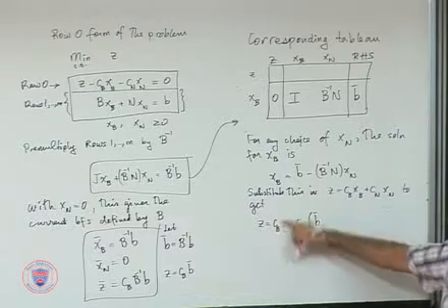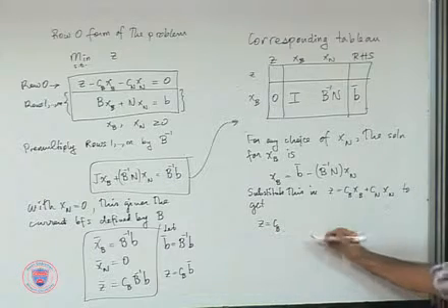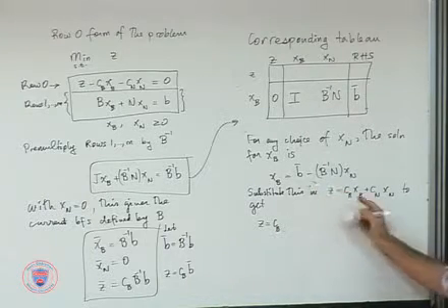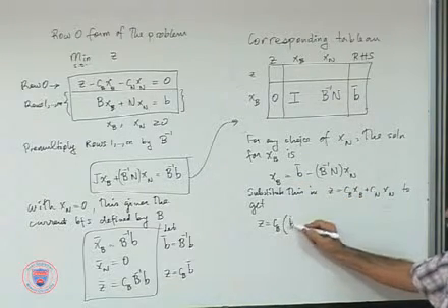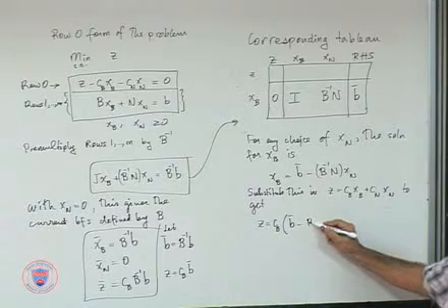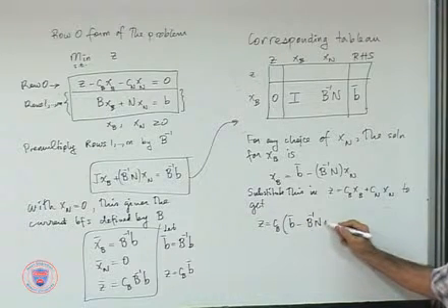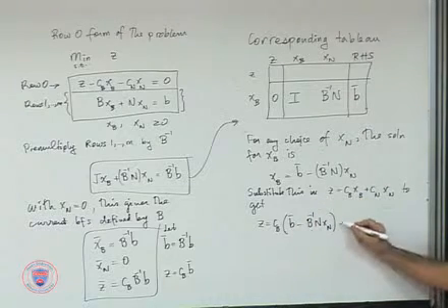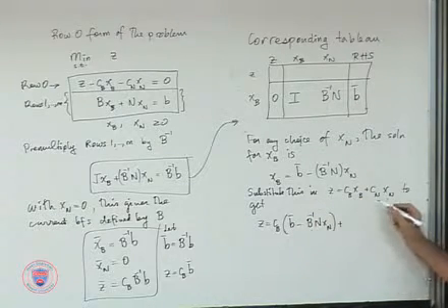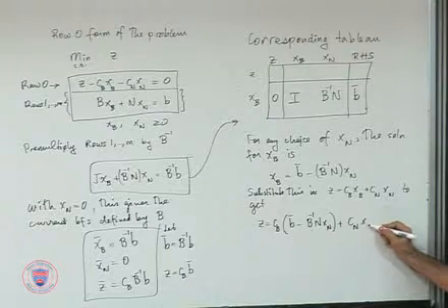No, sorry, I'm doing it in the incorrect way. Cb times what you see here for xb, which is B bar minus B inverse n xn, plus Cn xn.